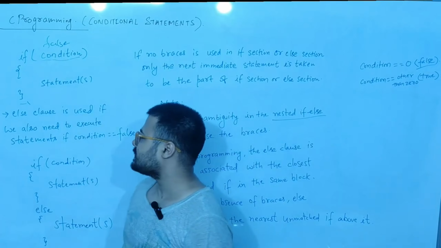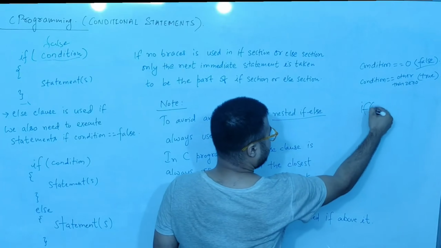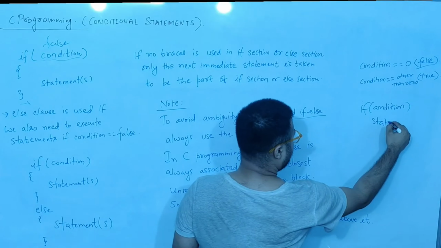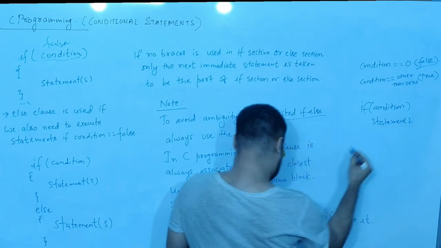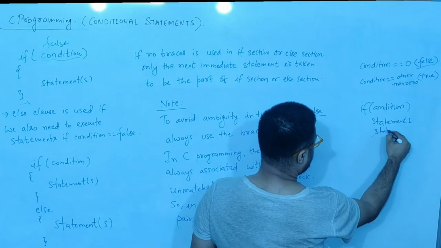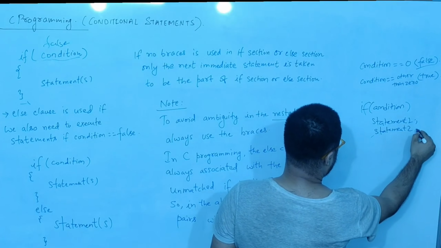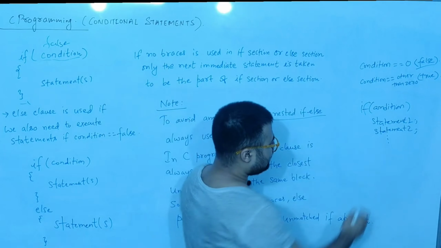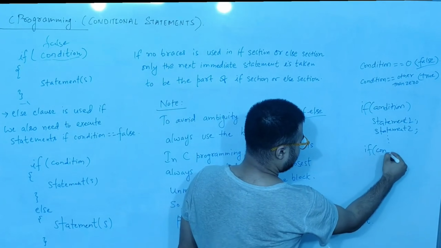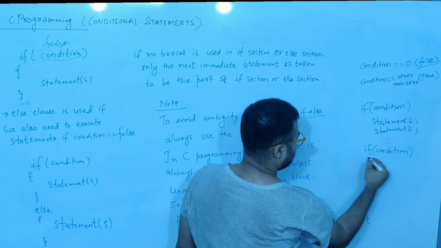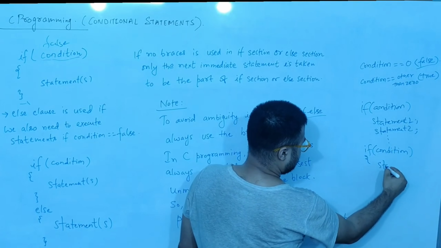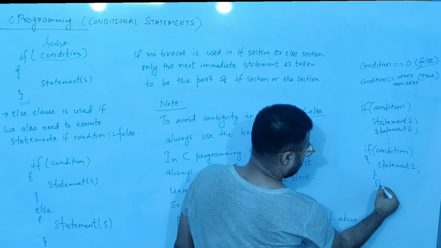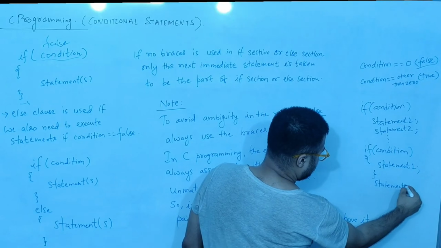But if you don't give the braces, let's say you write just if condition, and then statement 1, statement 2, and so on, then actually this is equivalent to if condition, statement 1, and then statement 2, and so on.